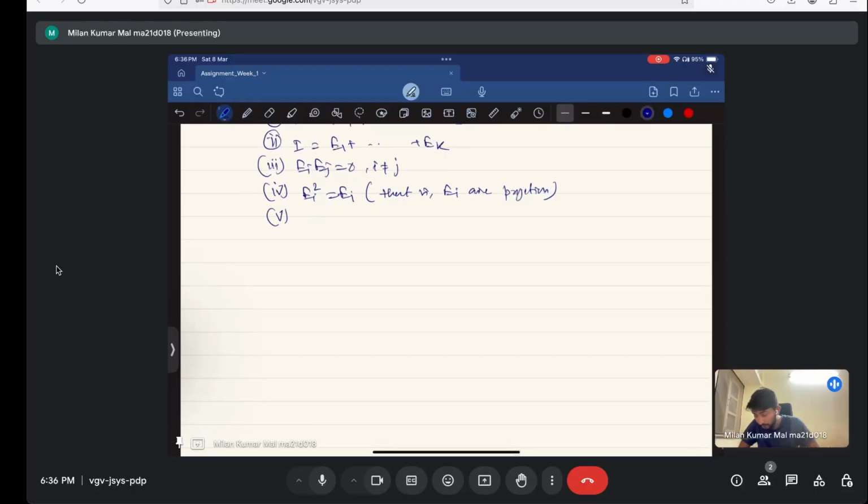And option 5, the range of Ei is the characteristic space or eigenspace of T associated with ci.